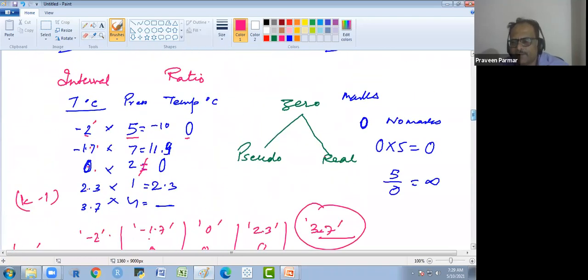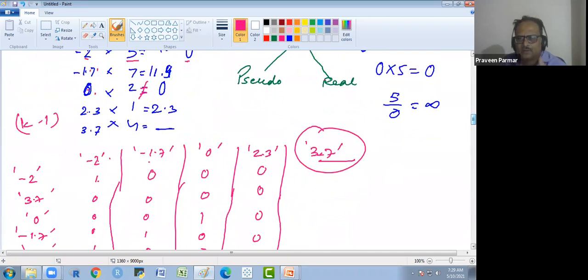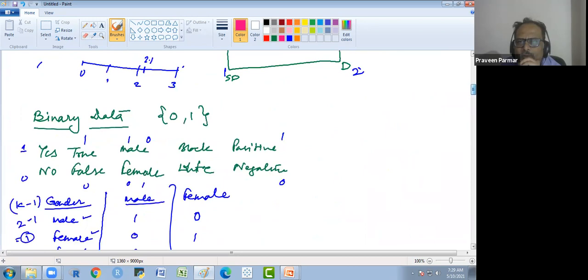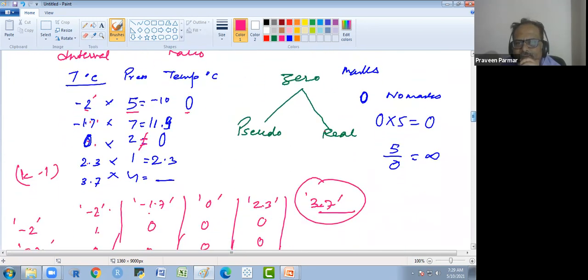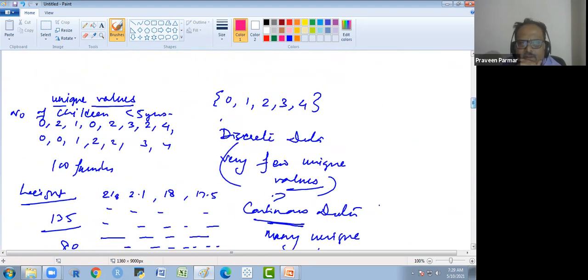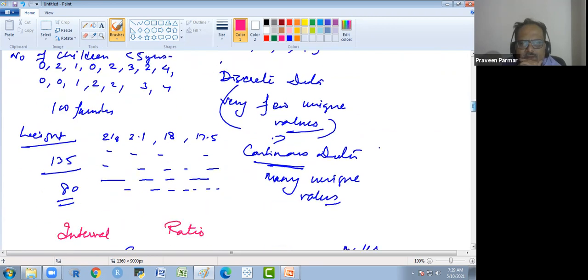So you have understood this about the pseudo and real. Real we don't have any problem. Now I explain to you where I have written that.